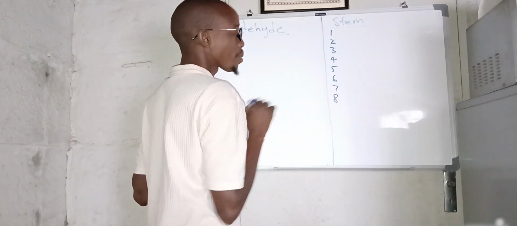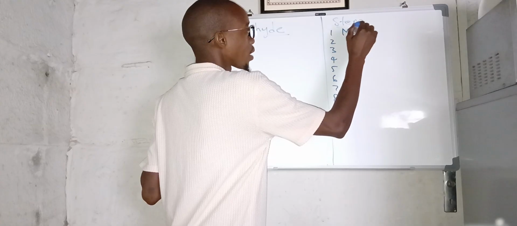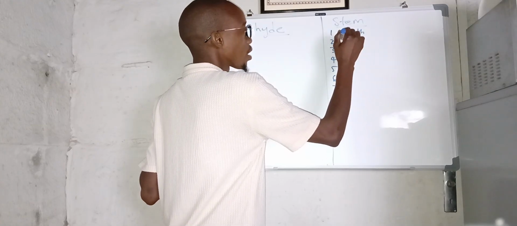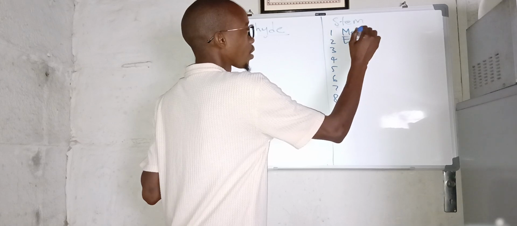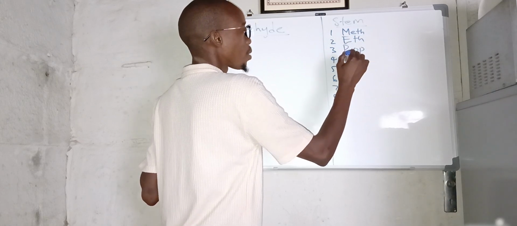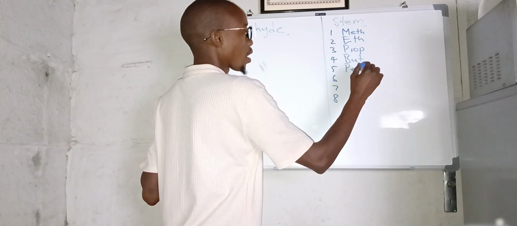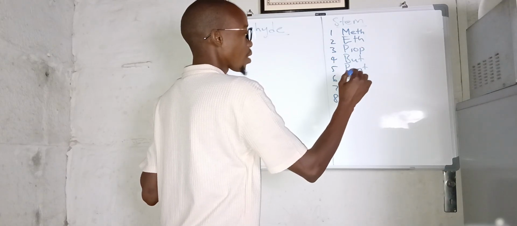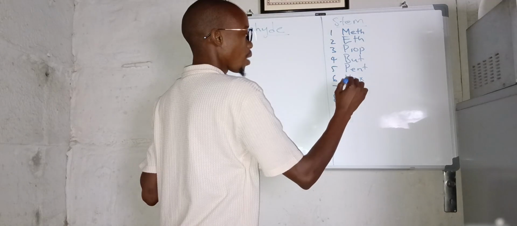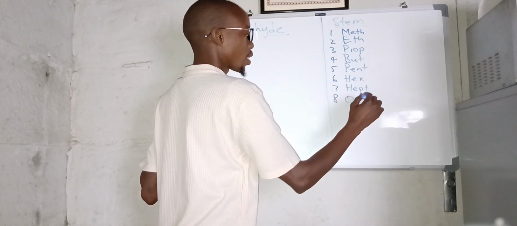All of these represent the number of carbons, meaning if a carbon chain has 1 carbon, it's going to be called meth, 2 carbons, eth, 3 carbons, prop, 4 carbons, but, 5 carbons, pent, 6 carbons, hex, 7 carbons, hept, and then 8 carbons, oct.